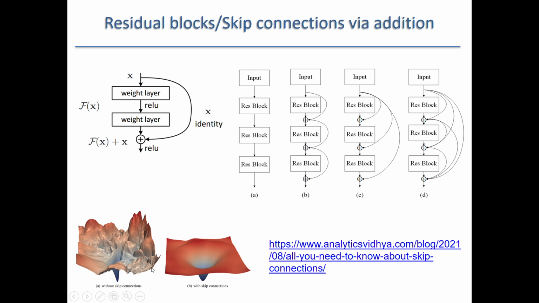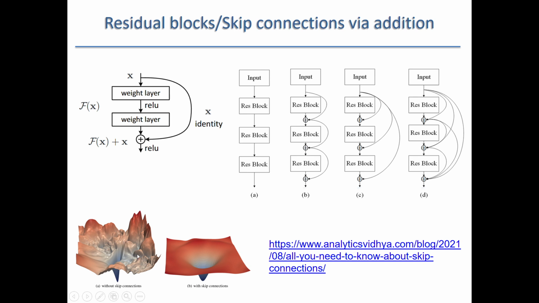And here, for instance, they have studied the cost function landscape as you add skip connections. Here on the axis you have the weights, and what you see is that the landscape, so how the cost changes as a function of the weights, is much smoother if you have skip connections compared to if you don't have skip connections.